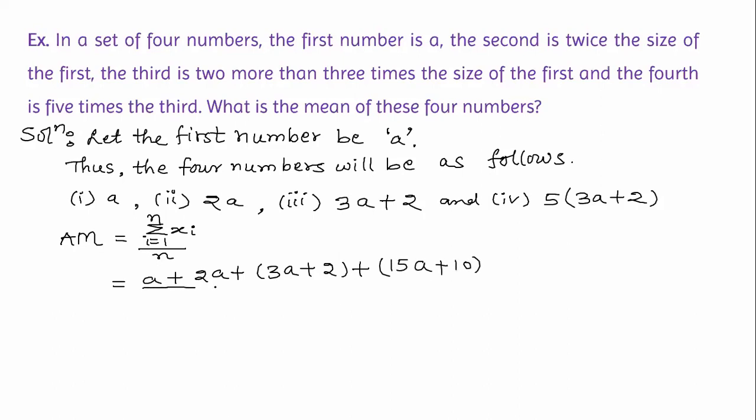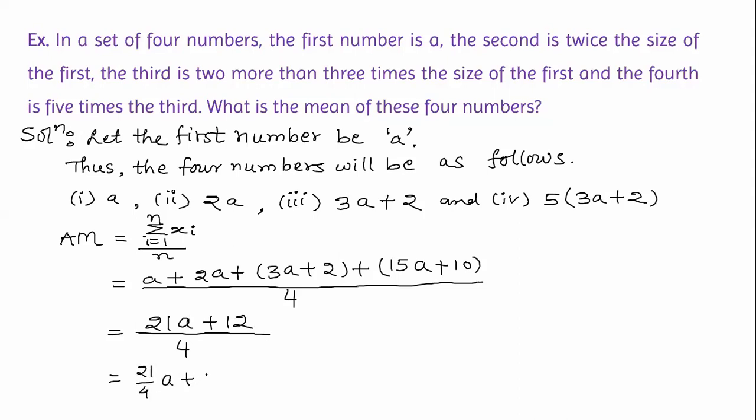Let me know if I am wrong somewhere. Divided by 4. So this is equal to A plus 2A plus 3A plus 15A, I think it is 21A, plus 2 plus 10, 12, divided by 4. And the answer is 21 by 4 times A plus 3. So this is the arithmetic mean of the 4 numbers.